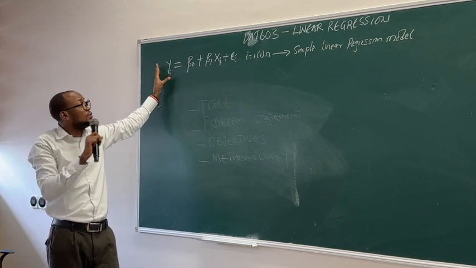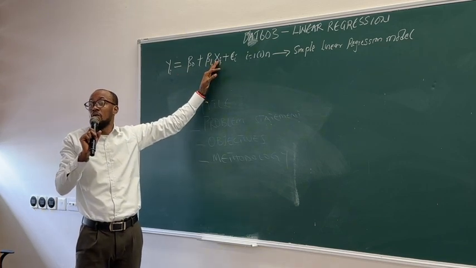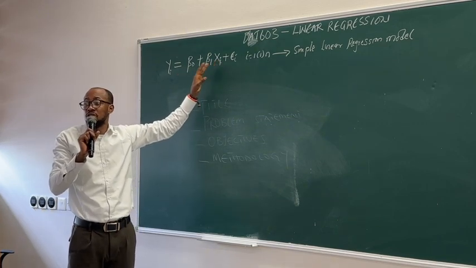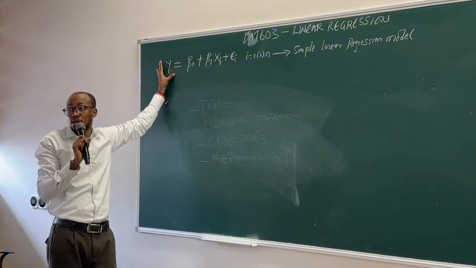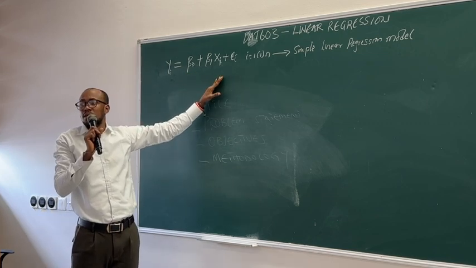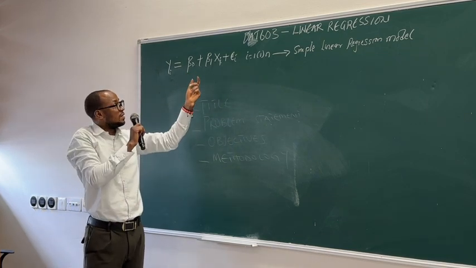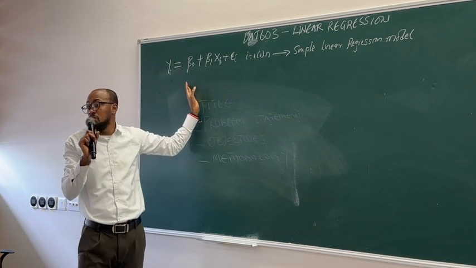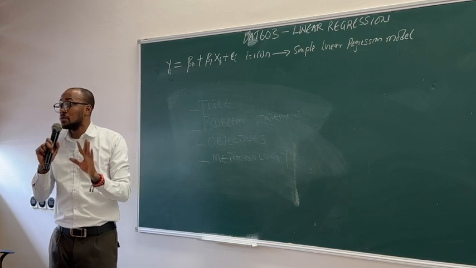So we're trying to use another variable, x, to explain changes or variations in this variable y. If we're able to do that, the goal is usually to see if we can predict future values of y. That is actually what we use regression to do.